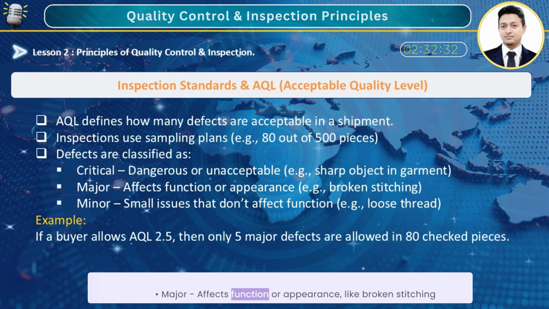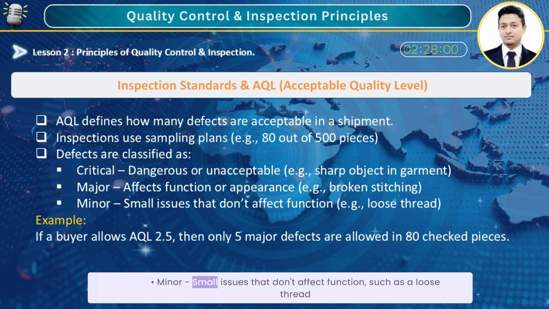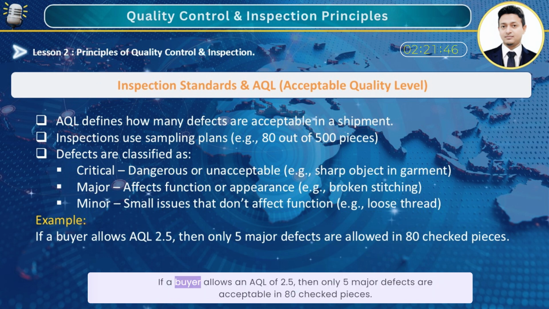Major, affects function or appearance, like broken stitching. Minor, small issues that don't affect function, such as a loose thread. Example: if a buyer allows an AQL of 2.5, then only 5 major defects are acceptable in 80 checked pieces.